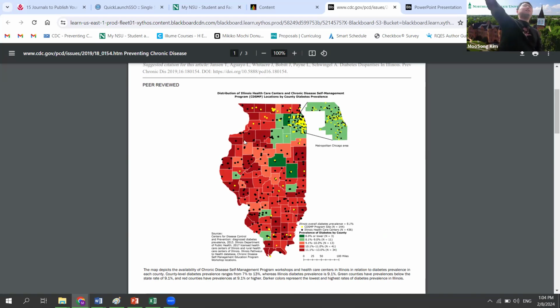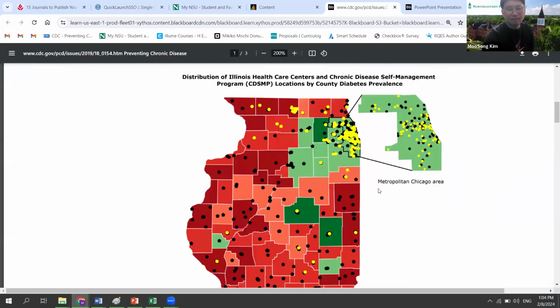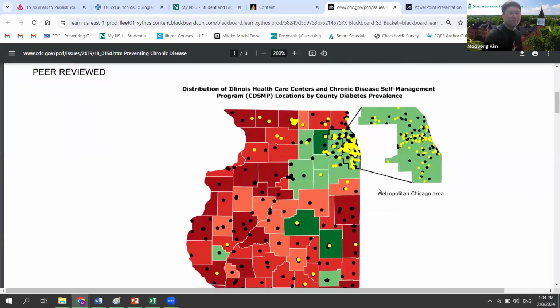Look at this map and try to figure out the pattern of disease. What kind of patterns can you find?